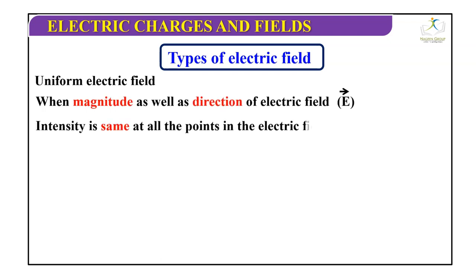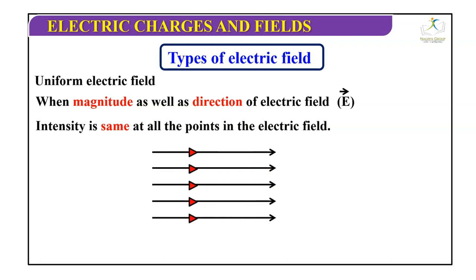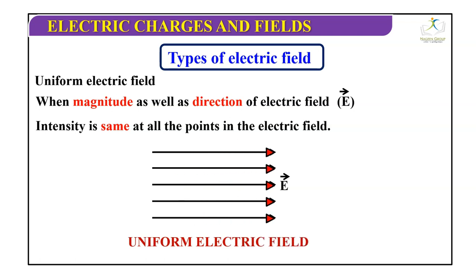When the magnitude as well as the direction of the electric field intensity E is the same at all points, in this particular criterion we say that the field will be a uniform electric field, like this. Intensity at every point is the same. That is called a uniform electric field, which is a vector E.